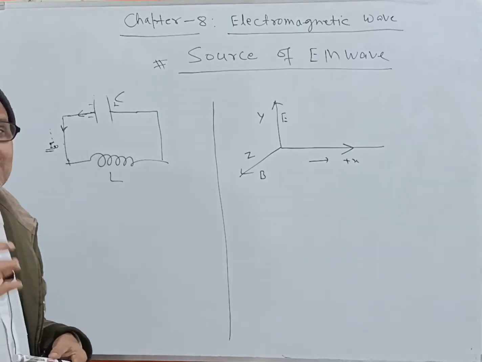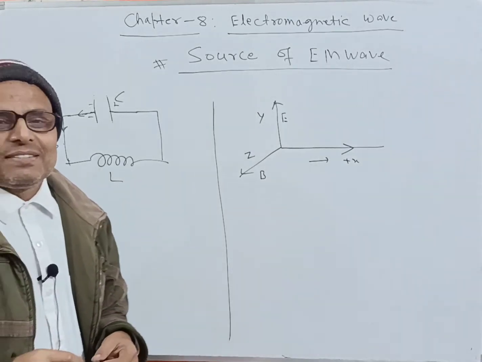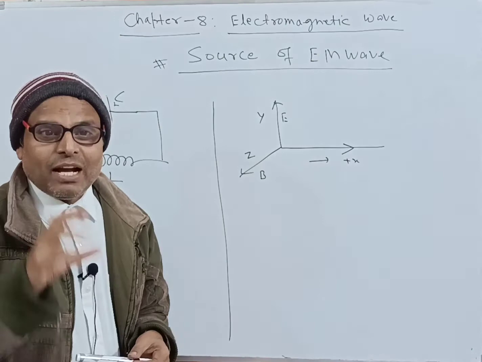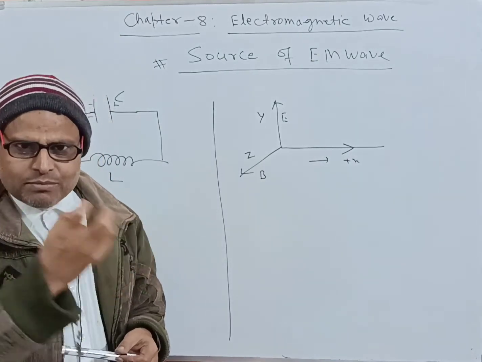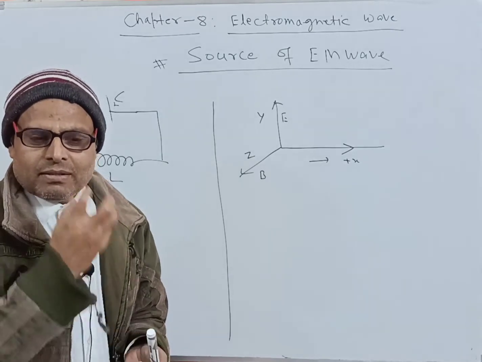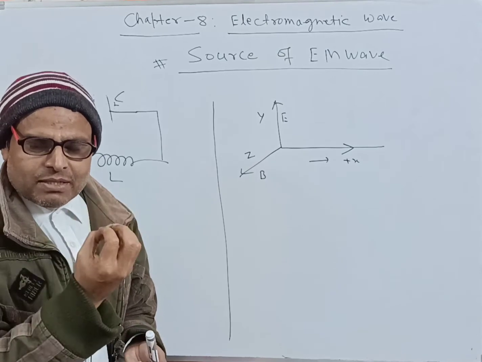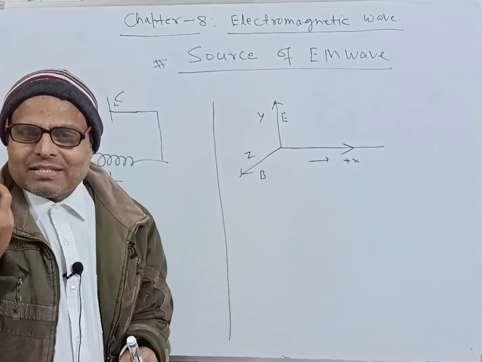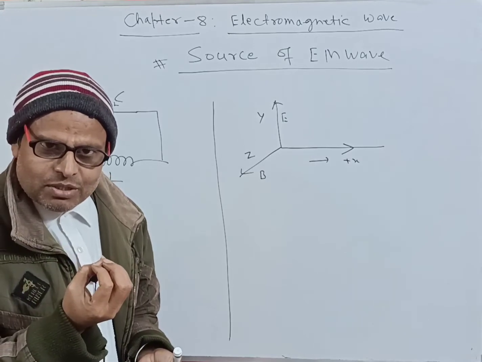Oscillating charge means the velocity of charge varies according to SHM, simple harmonic motion. In simple harmonic motion, the velocity becomes zero at the extreme, and becomes maximum at the mean position.